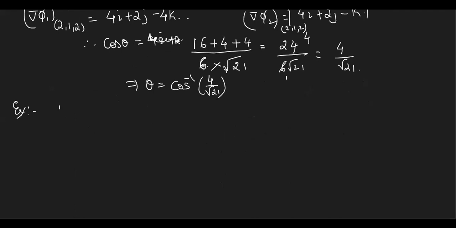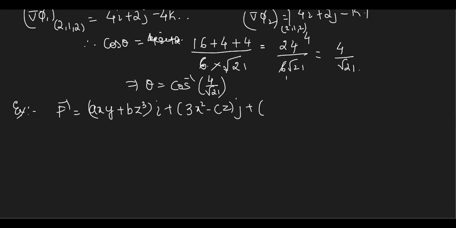What is f bar given? (axy plus bz cube) in the first bracket. Second bracket: 3x square minus cz.